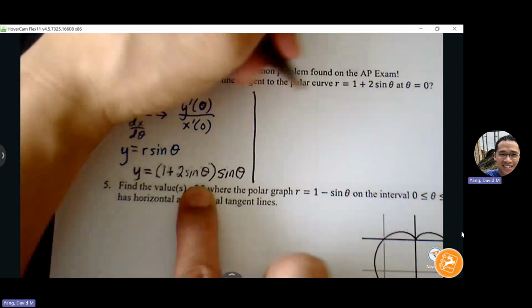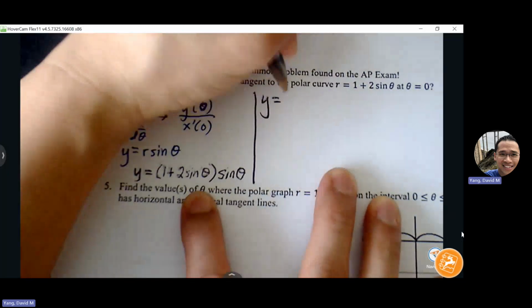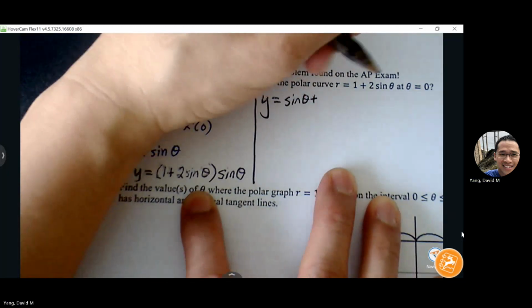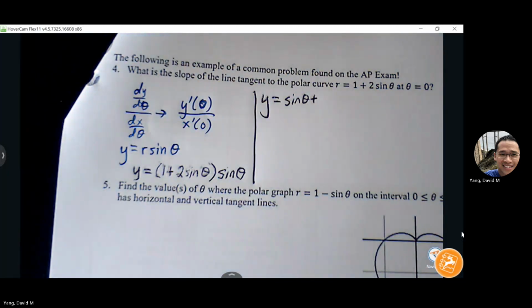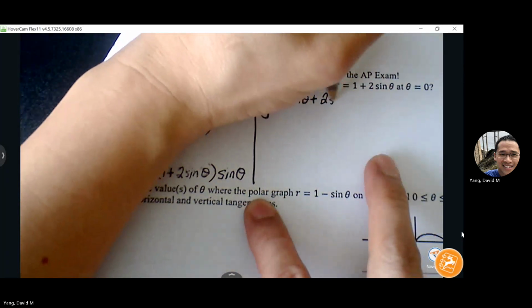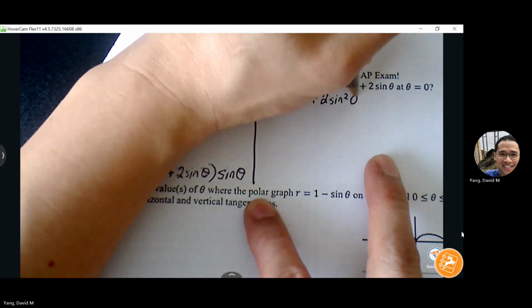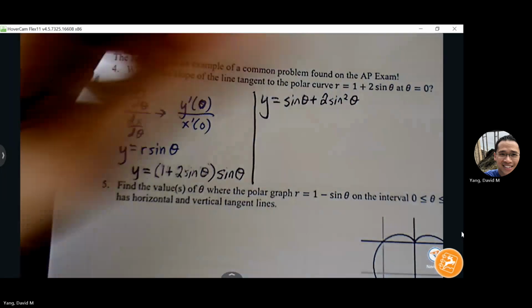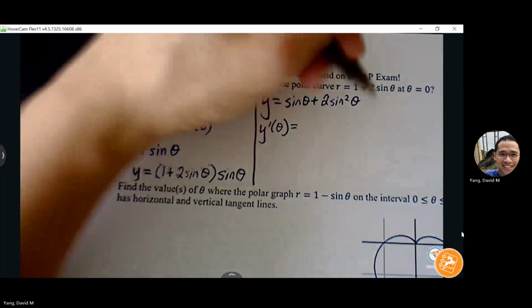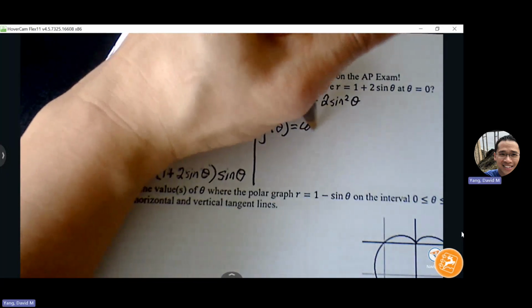I can do product rule here, or I can expand this out. Okay, sine becomes cosine.